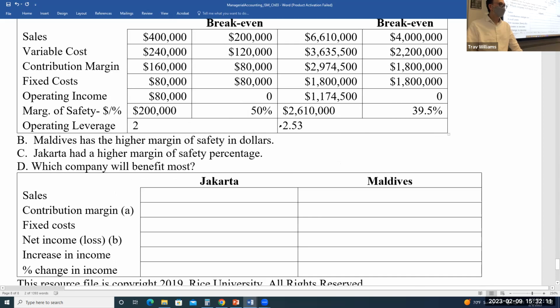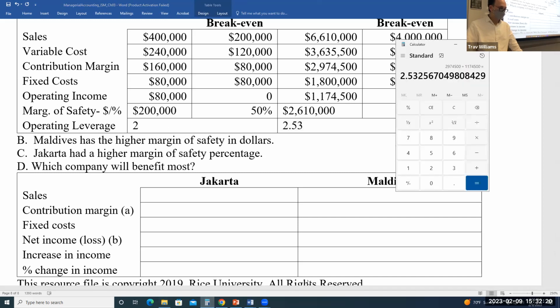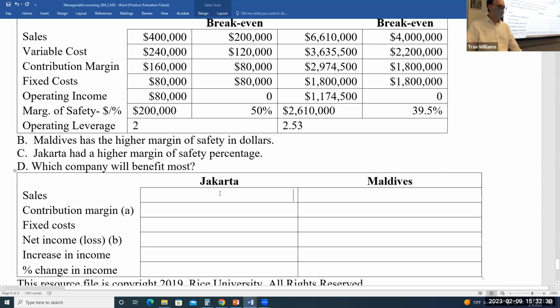Well, obviously it's going to be the company with the higher operating leverage, right? So let's check. If Jakarta has a 15% increase in sales, 400,000, this is where we would do 1.15. So times 1.15, that would bring sales up to 460,000. Our contribution margin is going to increase by 15% as well.